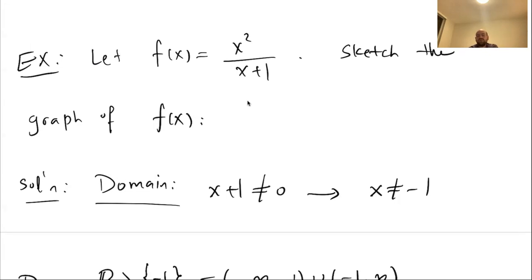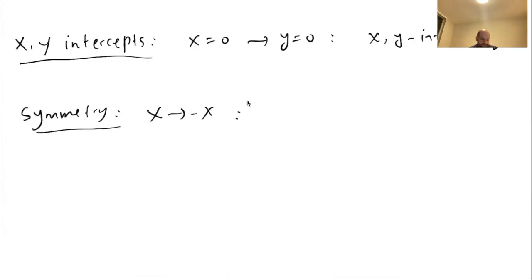If I change x to minus x, y will not change to minus y. So we don't have symmetry with respect to the origin or the y-axis.